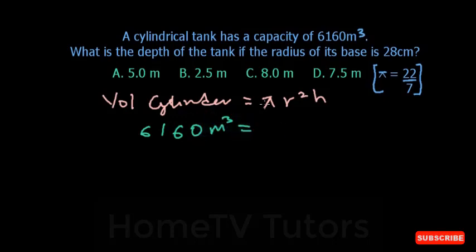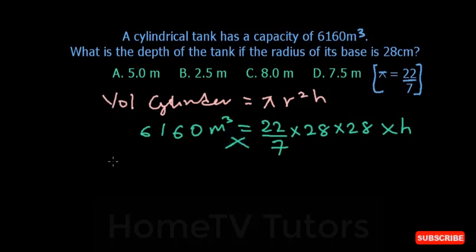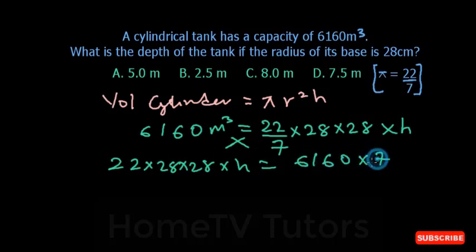Which is equal to pi, given as 22/7. The r, which is the radius, is given as 28 centimeters. So we have 28 times 28, then to be multiplied by the height, which is the depth. That's what we're looking for. If we cross multiply, we have 22 times 28 times 28 times h, which is equal to 6160 times 7.